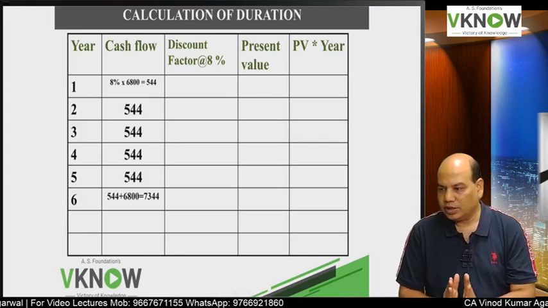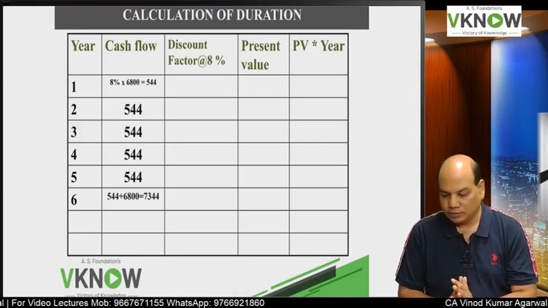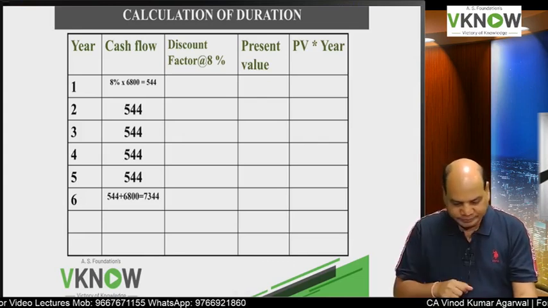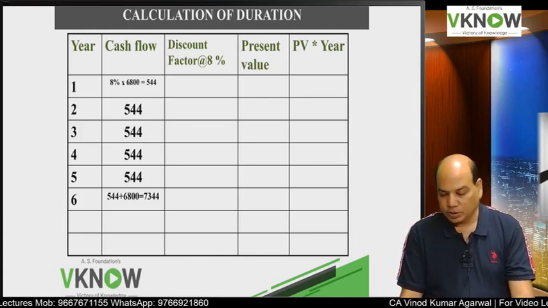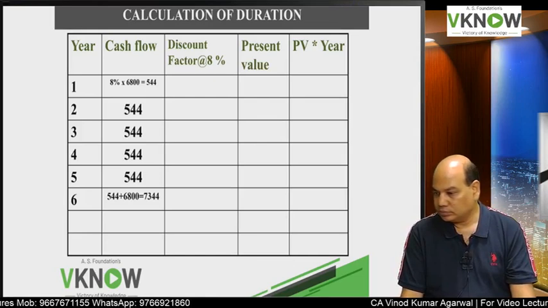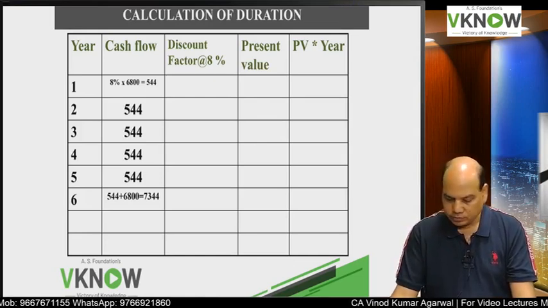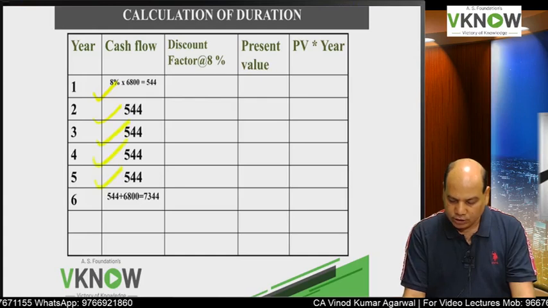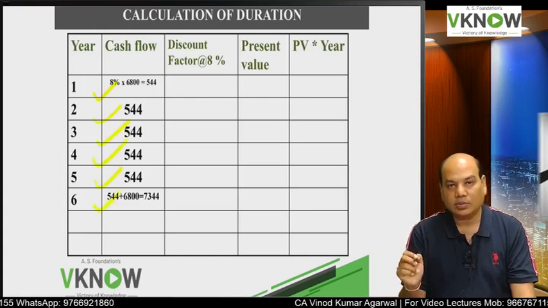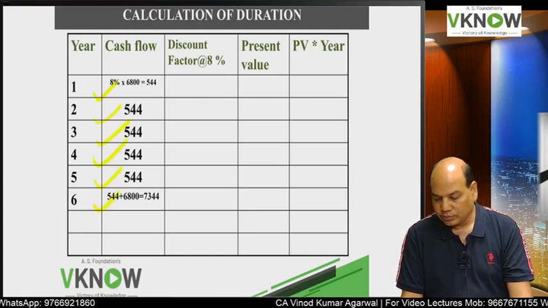You can only take 8 rupees also to solve. Last year he will get 544 plus 6800, 7344. So this will be his cash flows if he holds the bond till maturity.